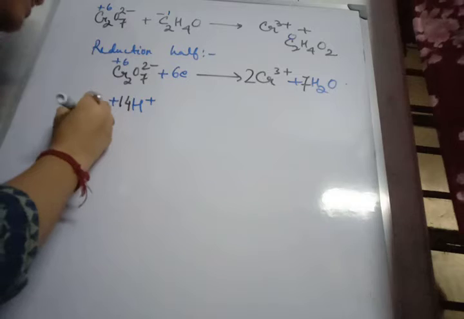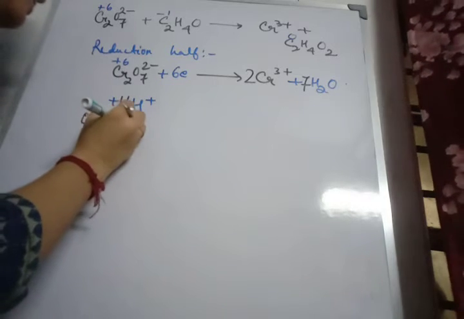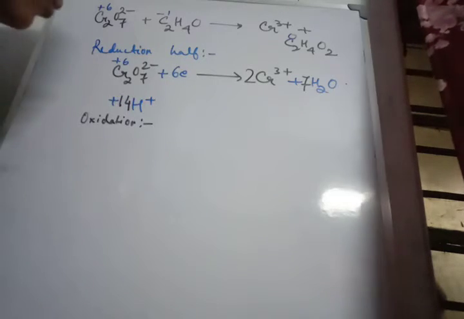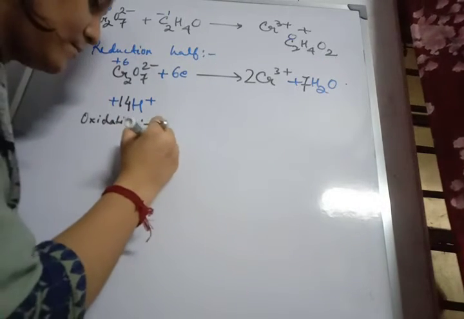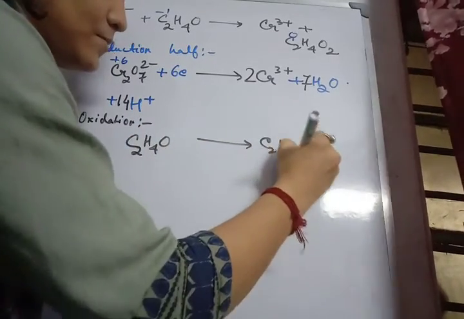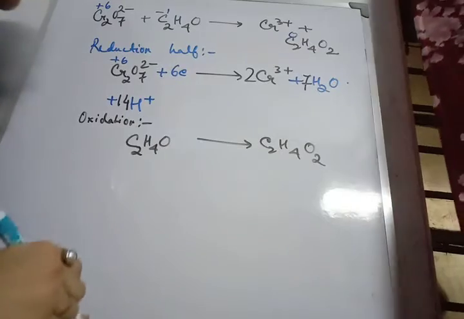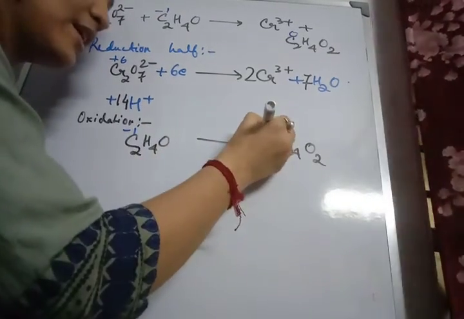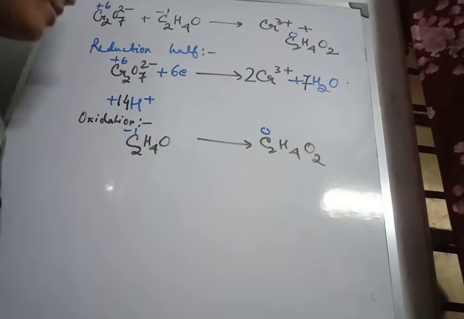Now we come to the oxidation half reaction. We have C2H4O going to C2H4O2. Each carbon atom has -1 oxidation state on the left hand side, and each has 0 on the right.